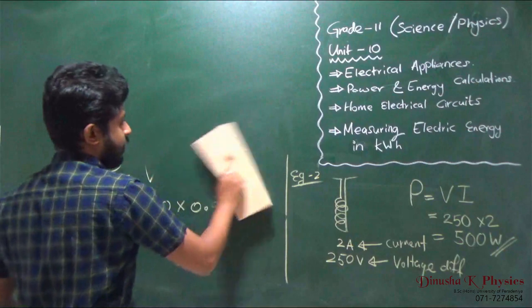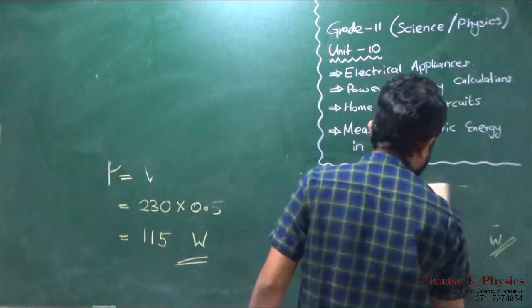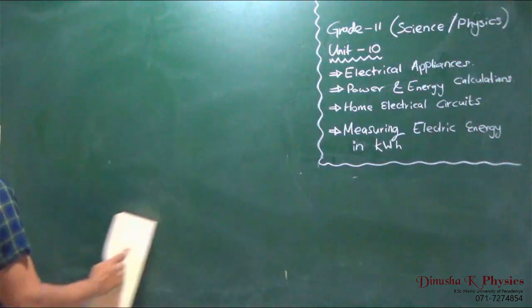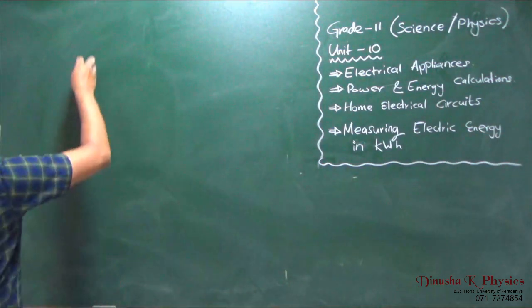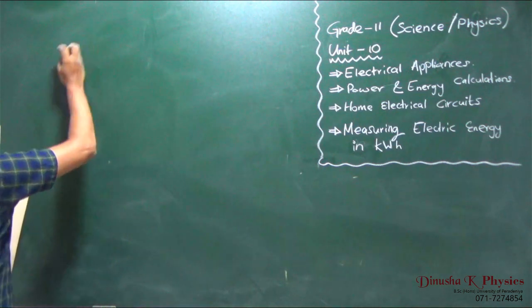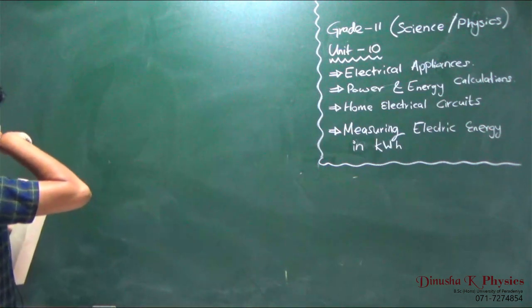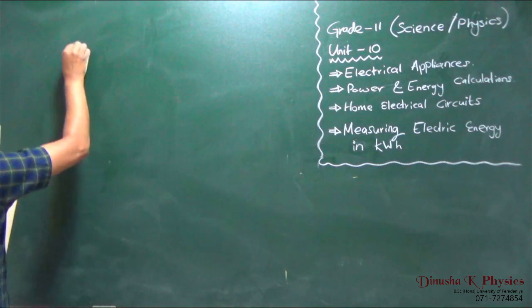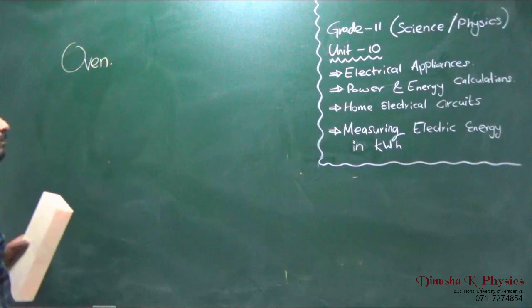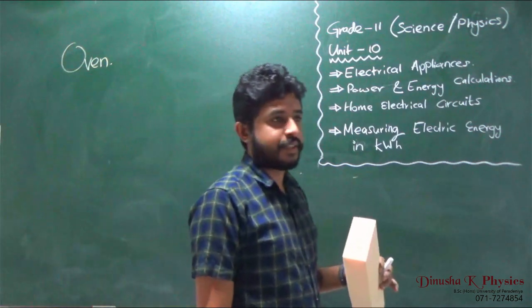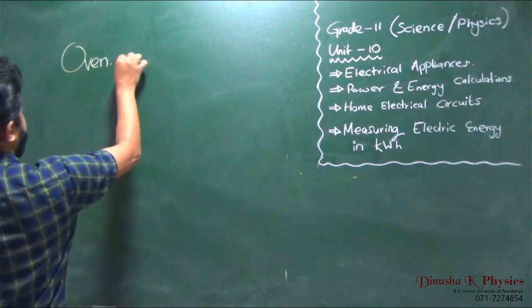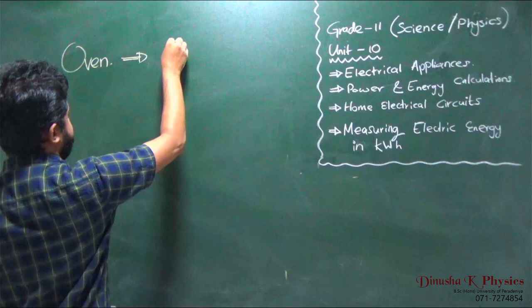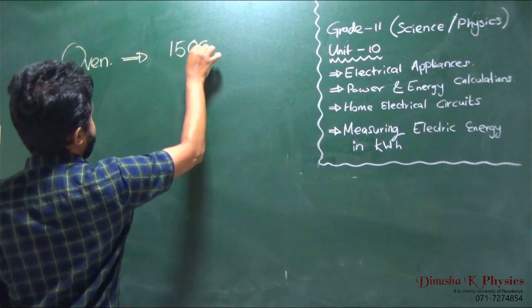Now let's imagine we are given an application like this. Let's think of an oven, an oven that bakes cakes. So here the power of the oven is given as 1500 watts.